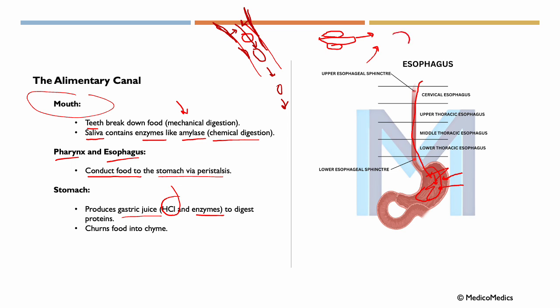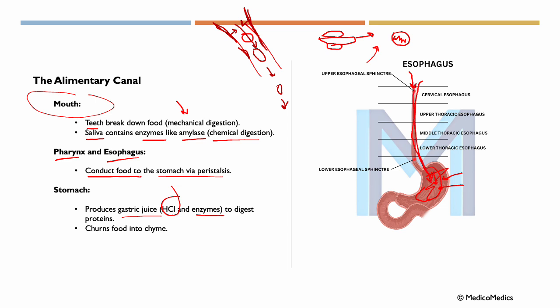This will lead to the production of something called a bolus. This is a moist mass of food. Now the tongue will then push this bolus down into our pharynx, where it is directed into the esophagus. And the esophagus uses these so-called rhythmic muscle contractions, or peristalsis, to propel the bolus towards the stomach.